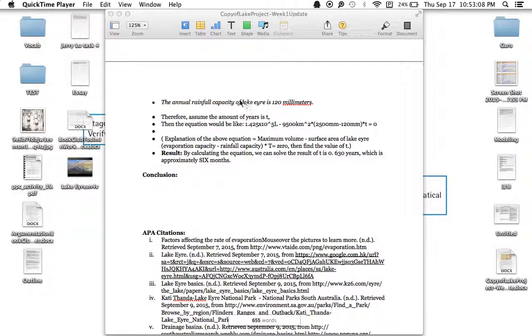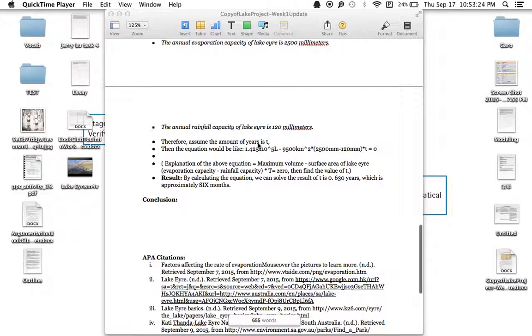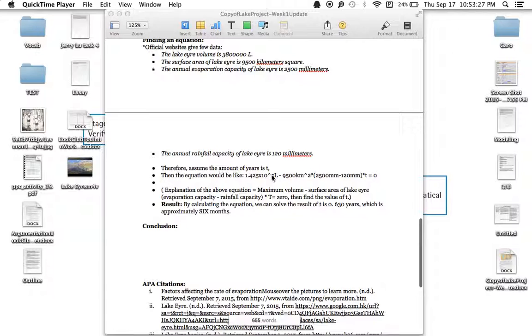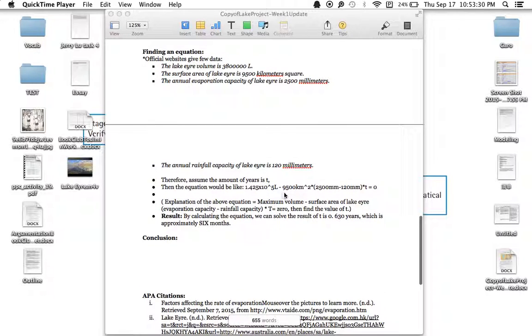Therefore, if we assume the number of years is t, then the equation should be the volume of the lake minus the surface area of the lake times the precipitation minus the evaporation, equal to 0, because we want to know how much time it takes when it's empty.